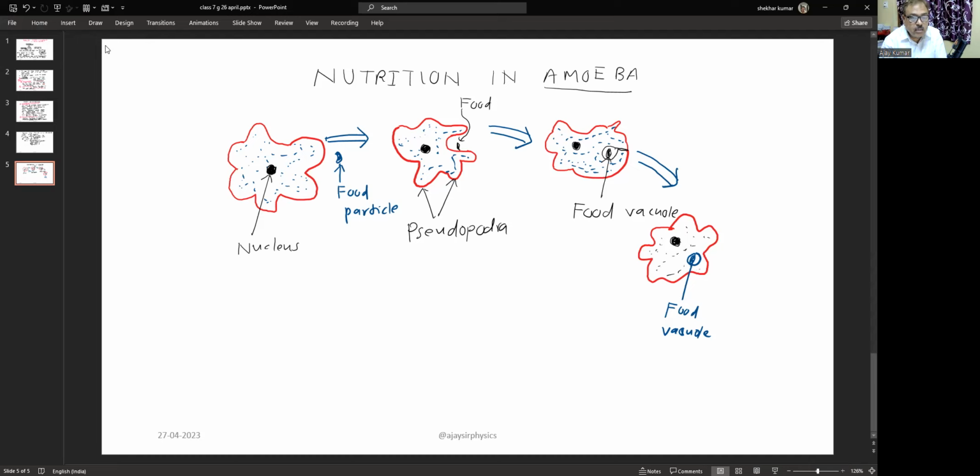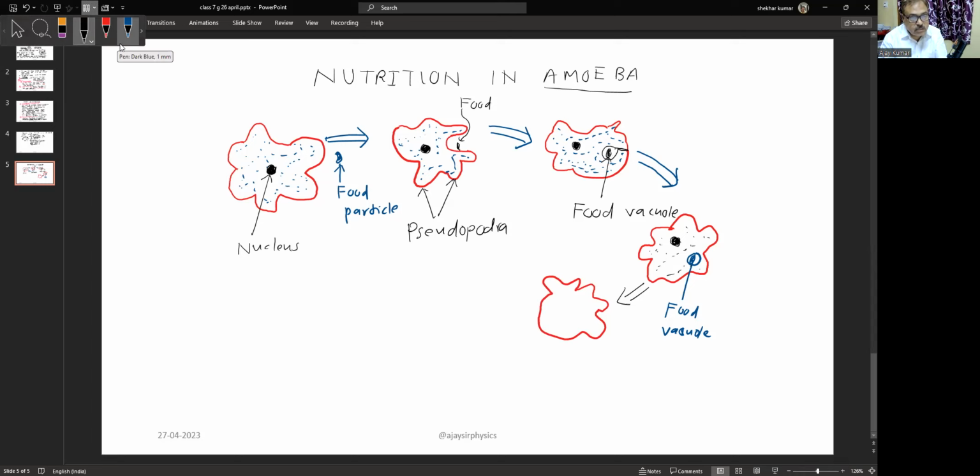Now let us see the stage after taking the food. What happens in the amoeba? There are last two stages here. The pseudopodia part is just a bulging side of the unicellular amoeba. You can see how, yes, and the nucleus is also remaining inside.